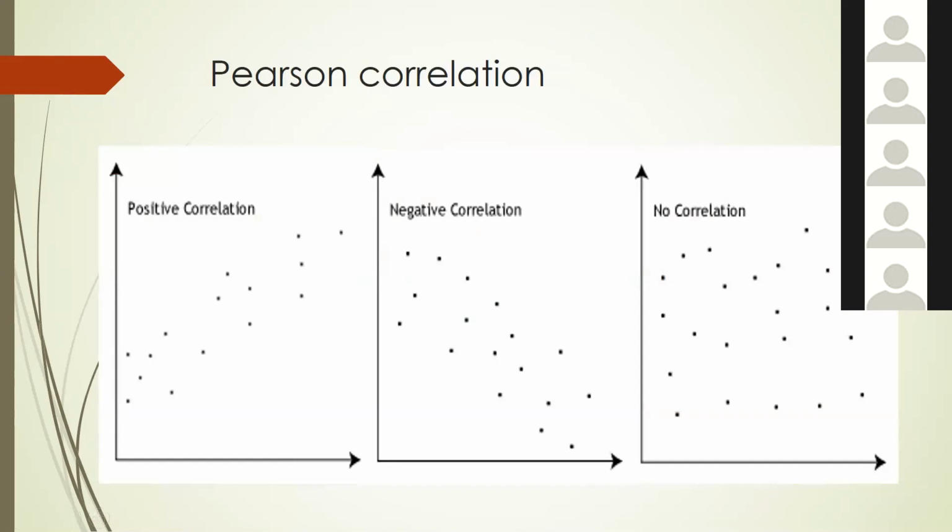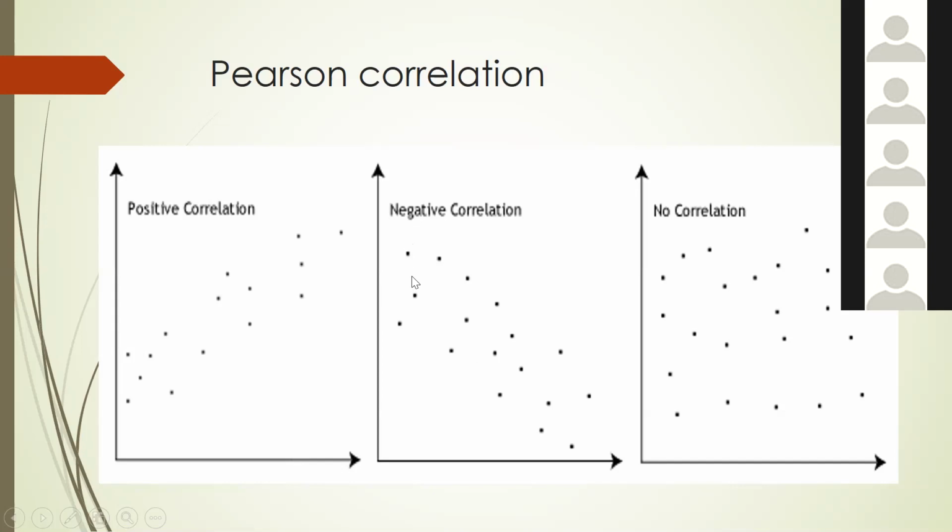So it will be 0.1 up to 0.99. It can take any values in between there. And the higher the value of the correlation coefficient, the stronger the relationship. For example, this one would have a correlation coefficient of 0.9. It means the strength is 90%. Basically, that's what it means.